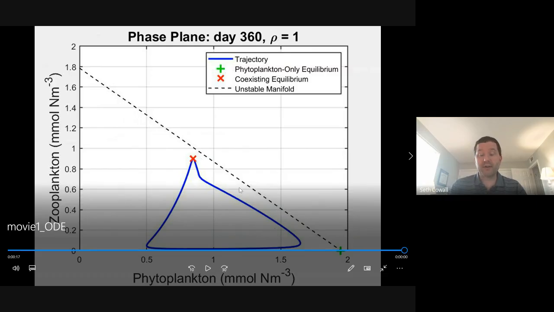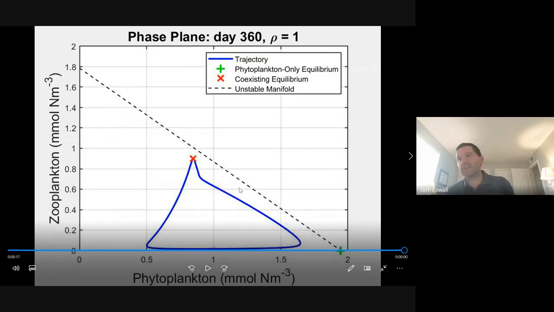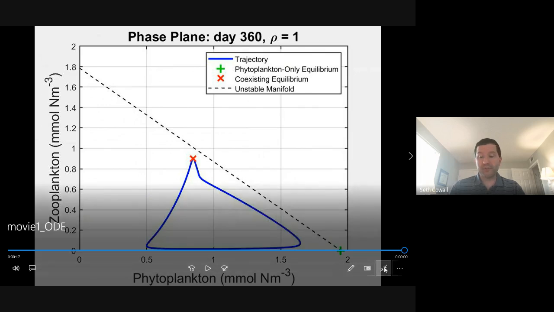So it seems like our bloom is just a temporary push towards the phytoplankton-only equilibrium. I guess you could say the phytoplankton think they're going to get the ocean to themselves, but not quite.